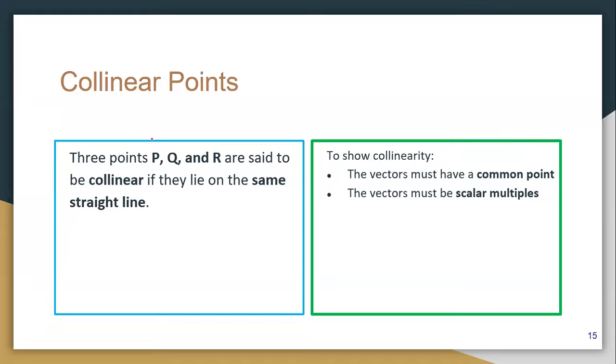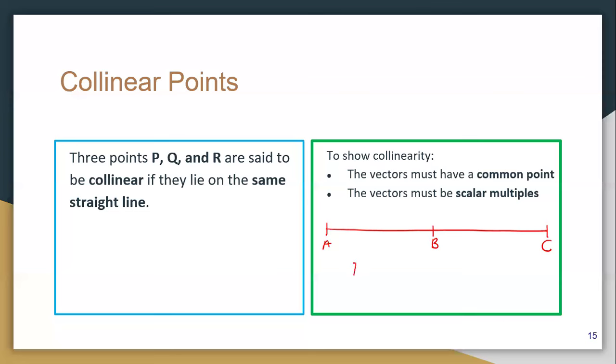Whenever they ask you to show collinearity, there are two things you need to take into consideration. One, those vectors must have a common point. And two, there must be a value which when you multiply, you get exactly that same vector. A case in point: in case this is my line, this is my point A, this is B, and this is my C. To show collinearity, there are two ways you can do it.